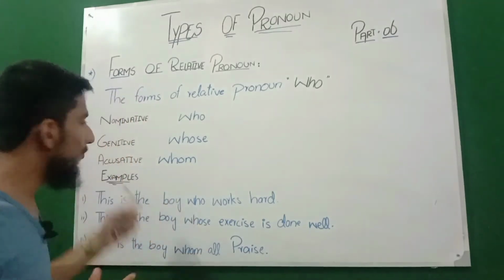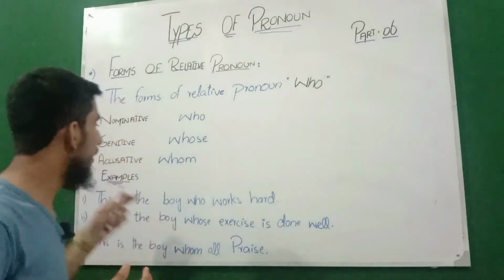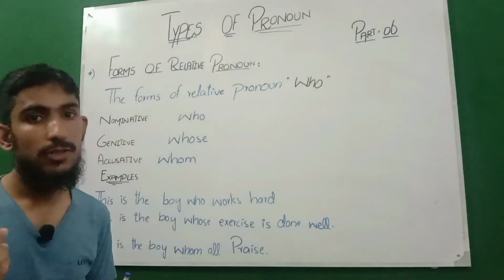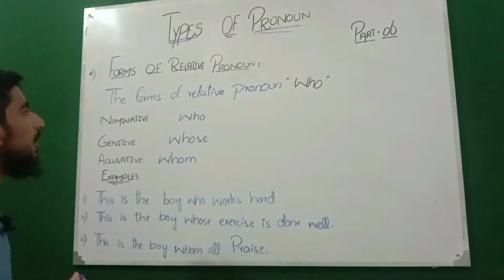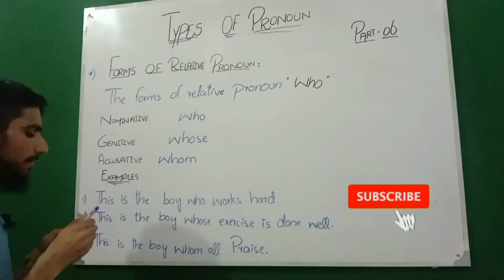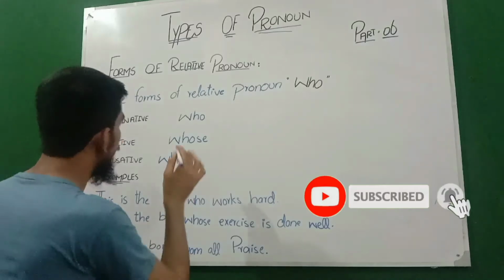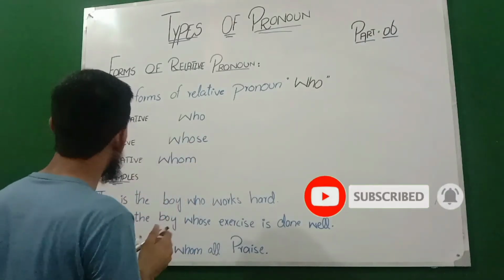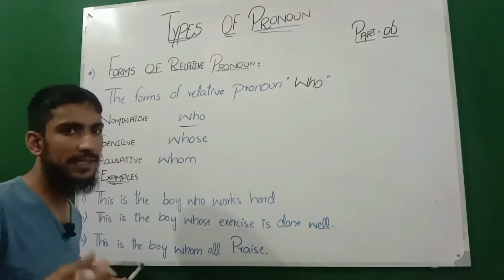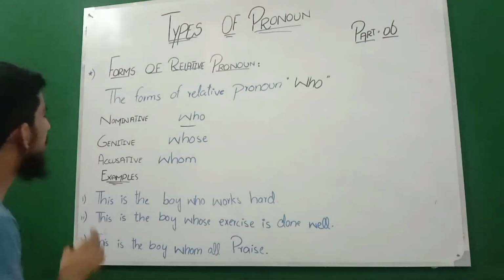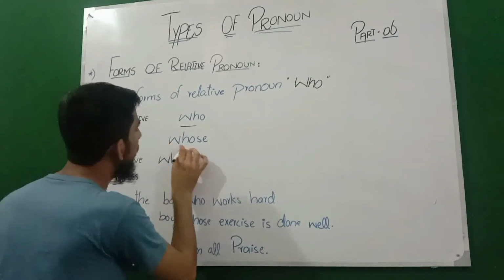Another is the genitive case, which is the possessive case, and the other is the accusative case, which is the objective case. Now look at the nominative case. The nominative case of who is who itself, and the genitive case of who is whose.